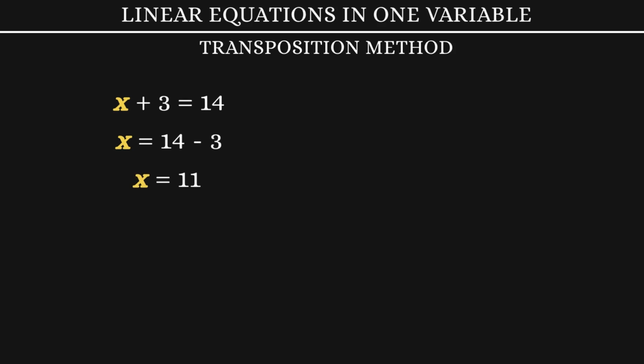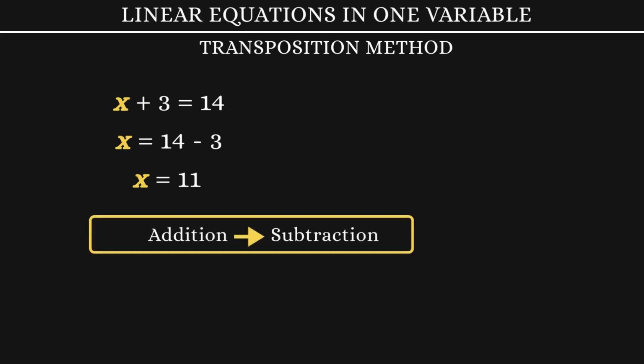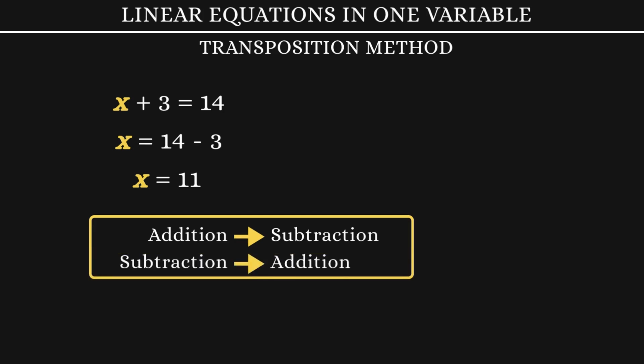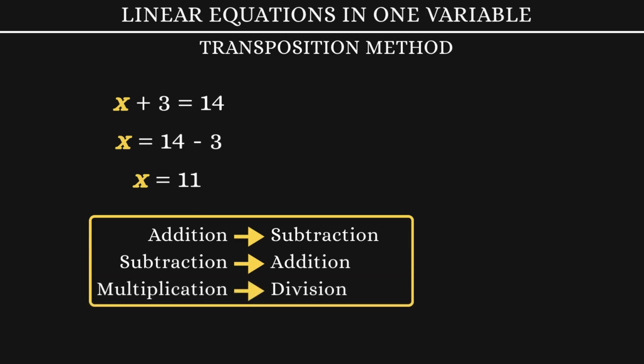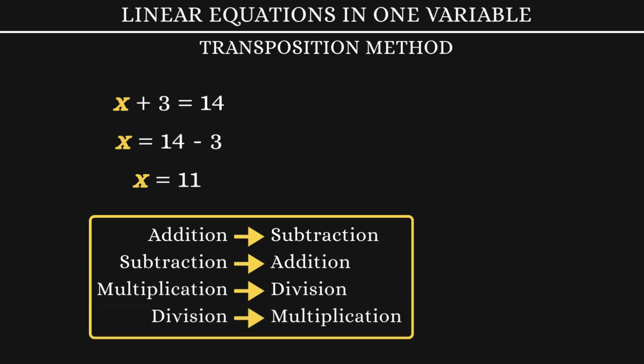Here, before moving on to the next example, let's remember that in this transposition method, when you move a term from one side to another side, addition will become subtraction, subtraction will become addition, multiplication will become division, and division will become multiplication.